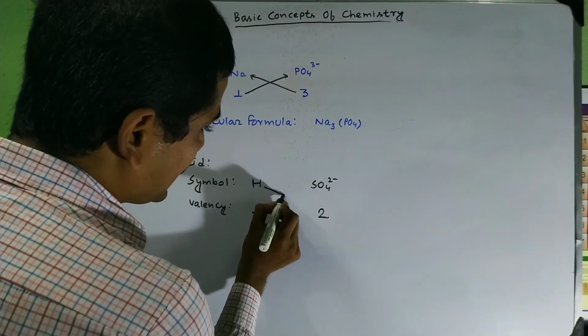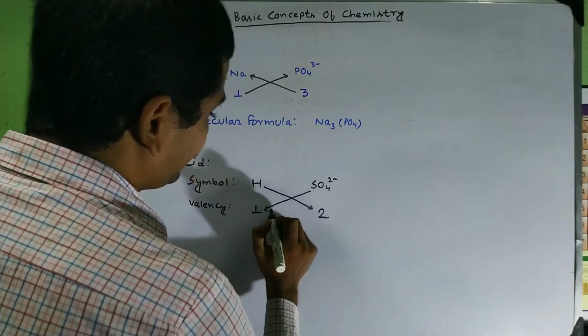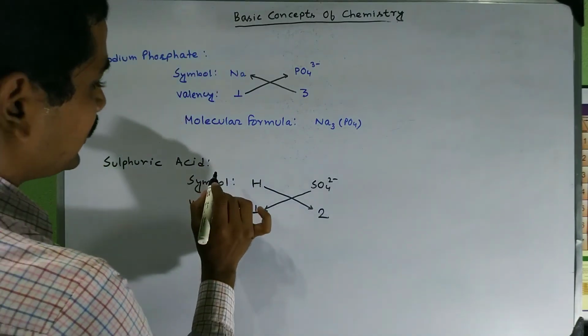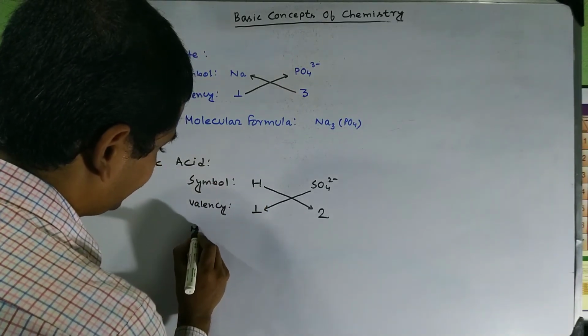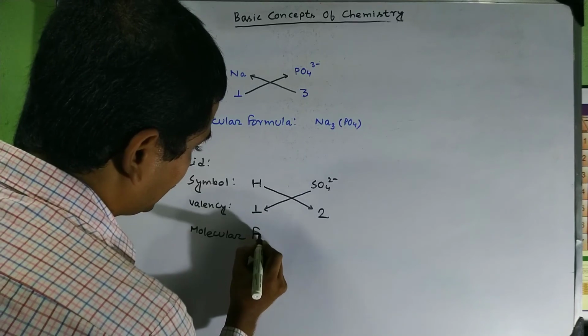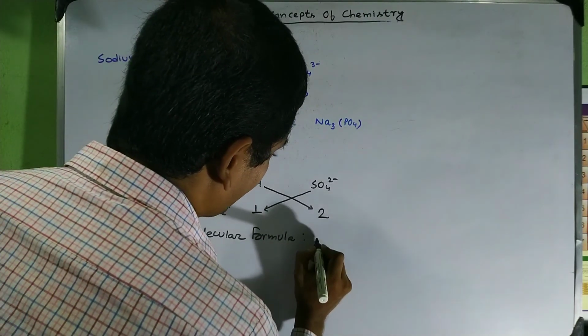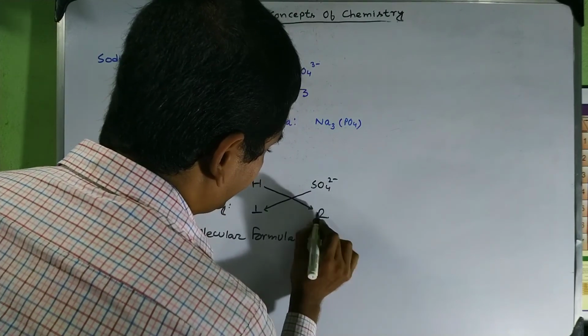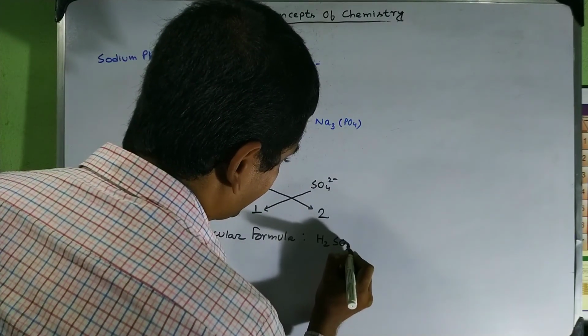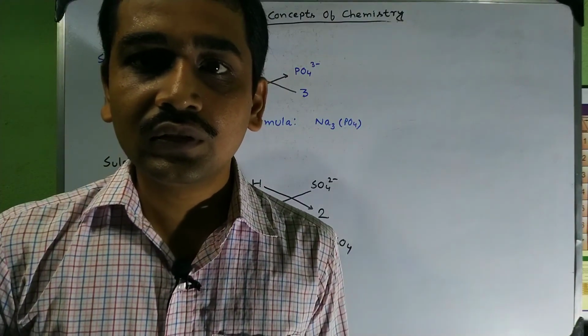Clear? This hydrogen goes to this 2 and this sulfate goes to this 1. That's why the molecular formula is H2SO4. Clear, student?